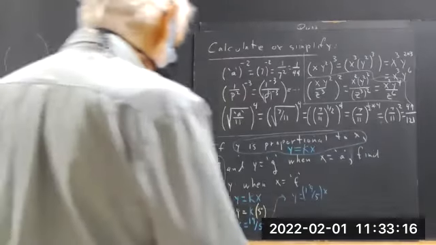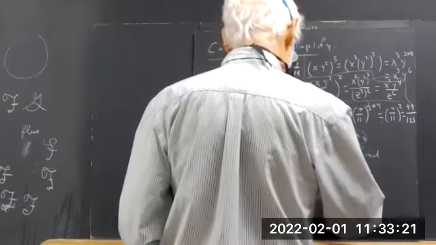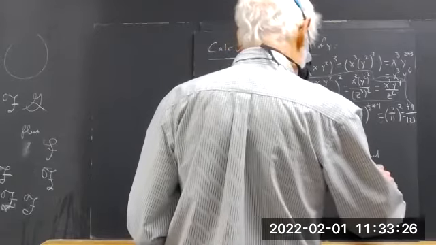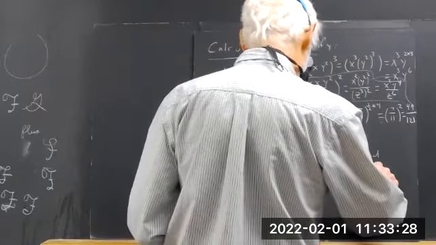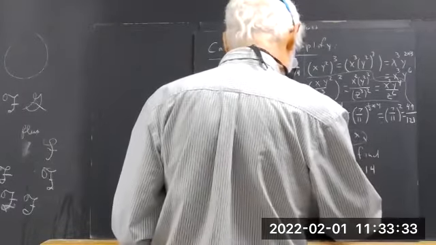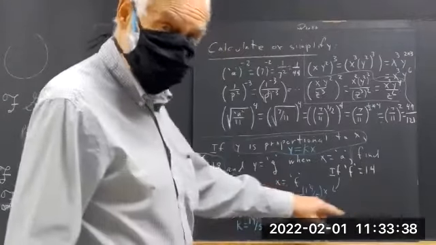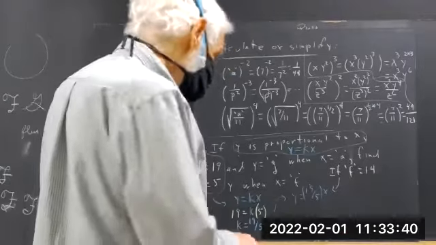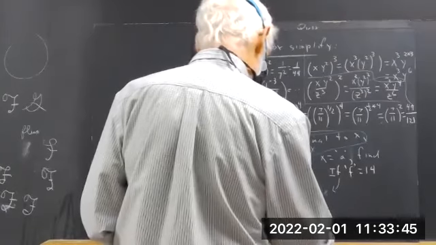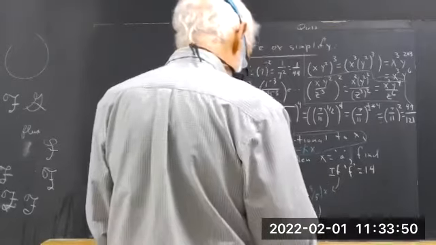And now, if f equals 14, then of course x equals f, so x is 14. So that y equals 19 fifths multiplied by 14.